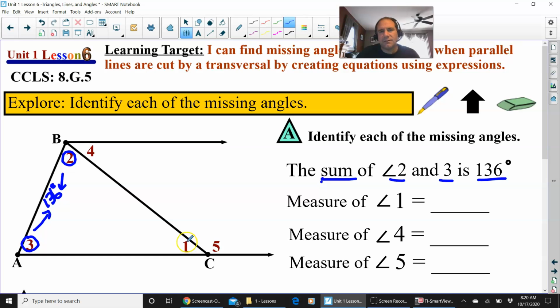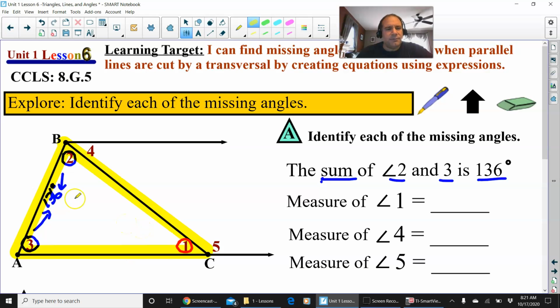So let's go ahead and find that measure. So you have 136 degrees. We don't know individually what 3 and 2 are. Let's see. Here is a triangle. So there's the triangle right there.